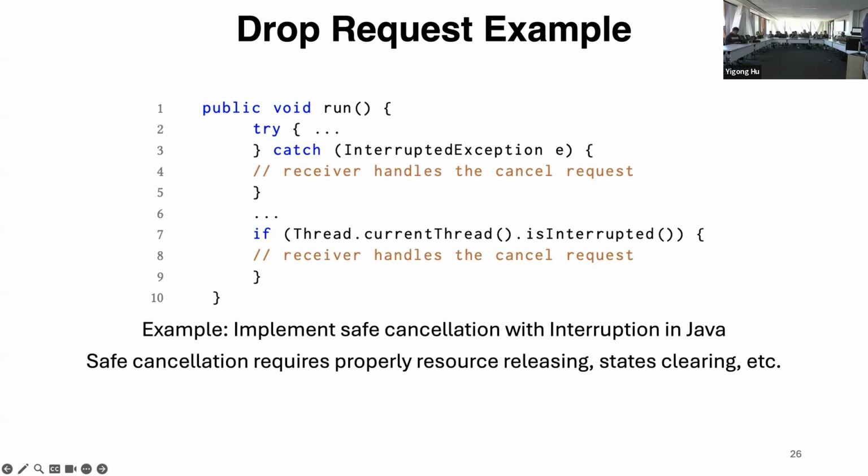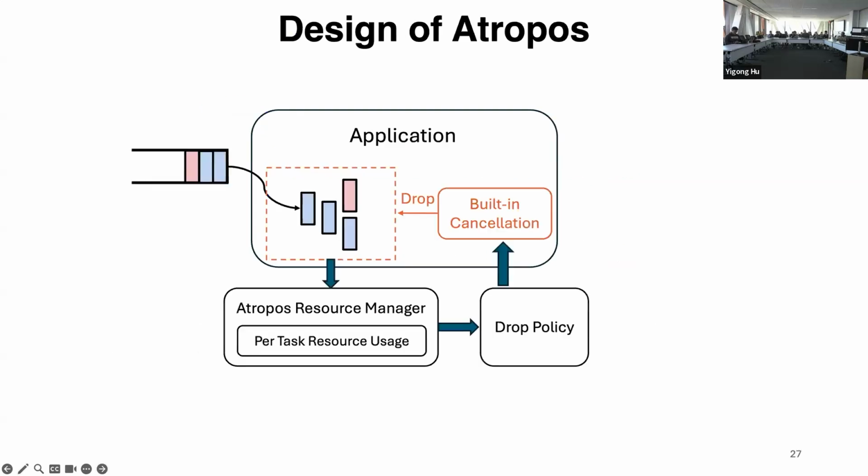Okay. So with this design, this is the workflow for Atropos, the resource overload mitigation mechanism. For each request, we let it run first, and we have a centralized resource management system equipped with our automatic tracing tools.